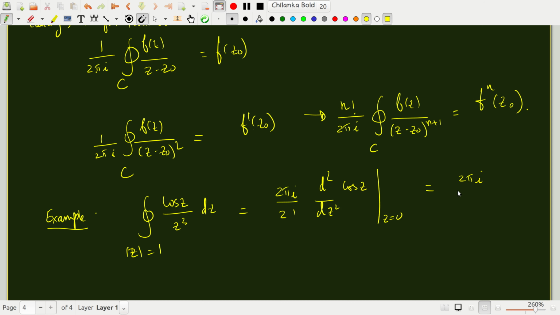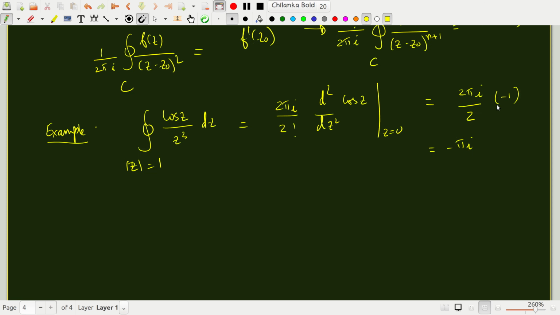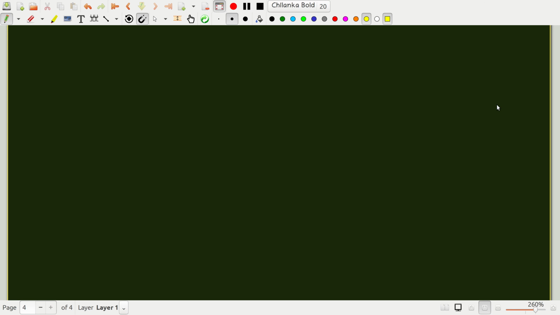So this becomes 2 pi i by 2, because this n is 2, that is 2 factorial, times minus 1. This is simply minus pi i. So you can evaluate integrals like this if you have higher order poles also, using a version of the Cauchy's integral formula. Okay. The last example that I'm going to discuss in this illustration of evaluation of integrals using the residue theorem is a rather tricky one.